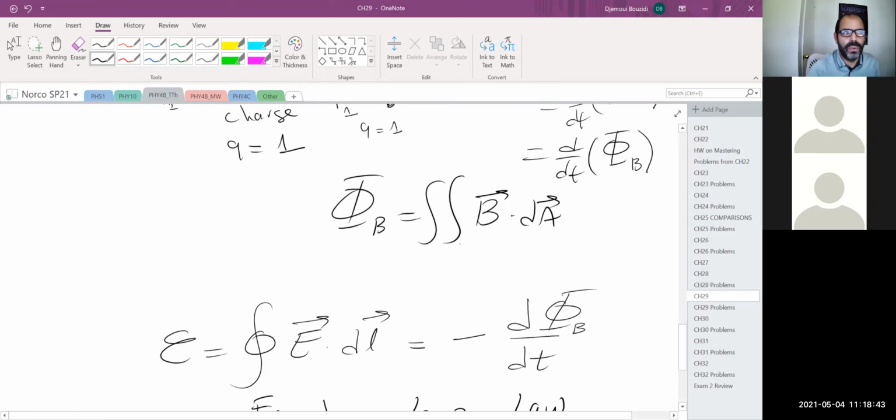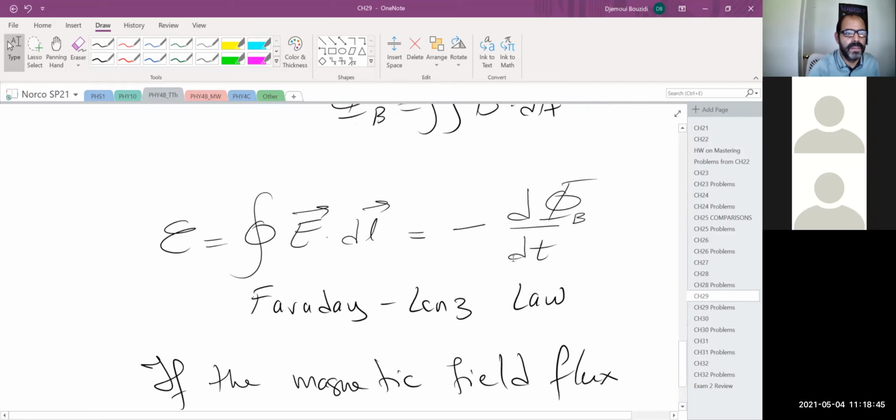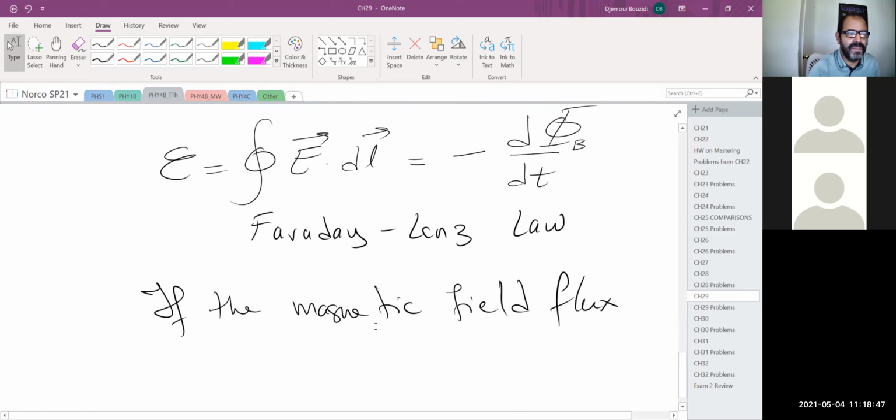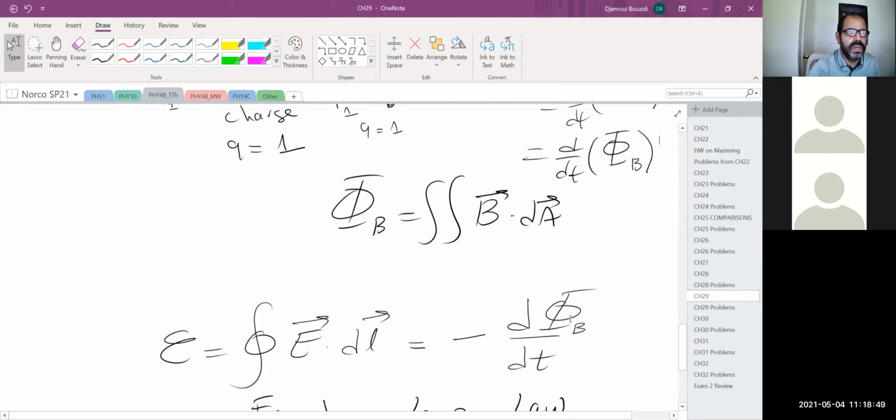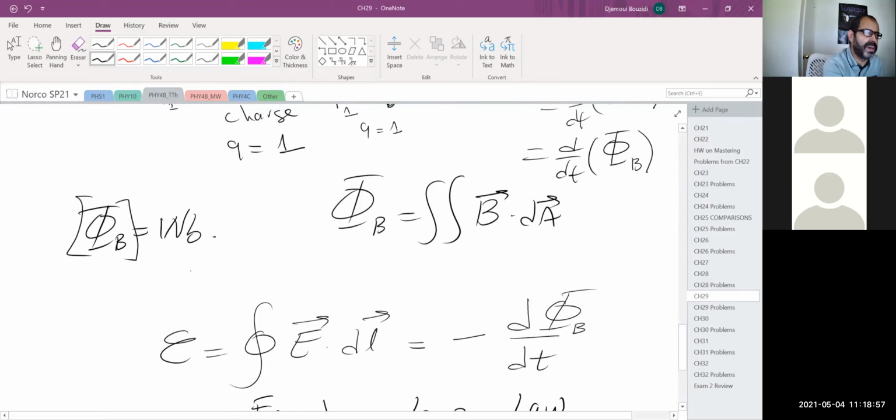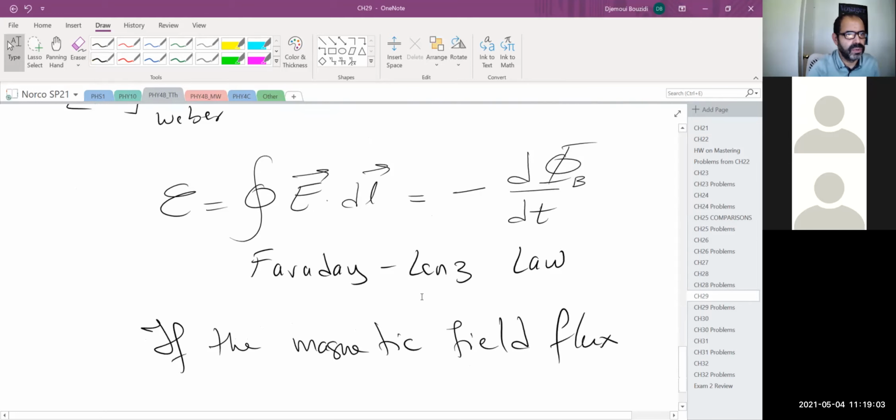Okay, so this is the flux of the magnetic field. This flux of the magnetic field, by the way, has a separate unit because of its importance. The unit for the flux of the magnetic field is the Weber. So that's something that we sometimes refer to.